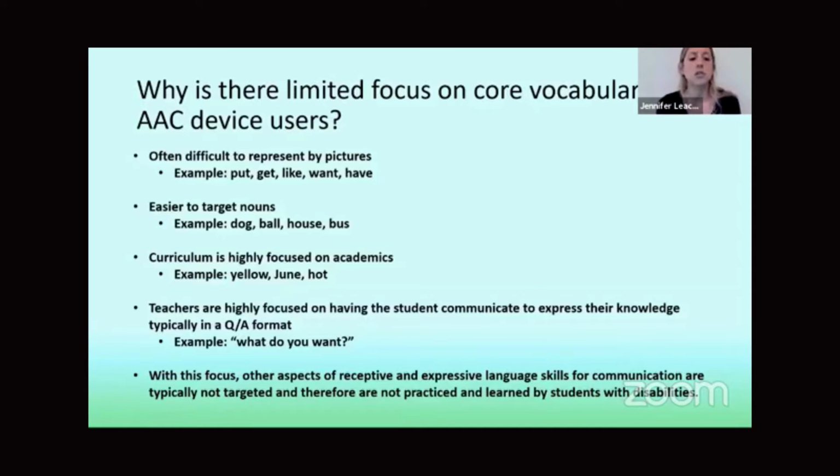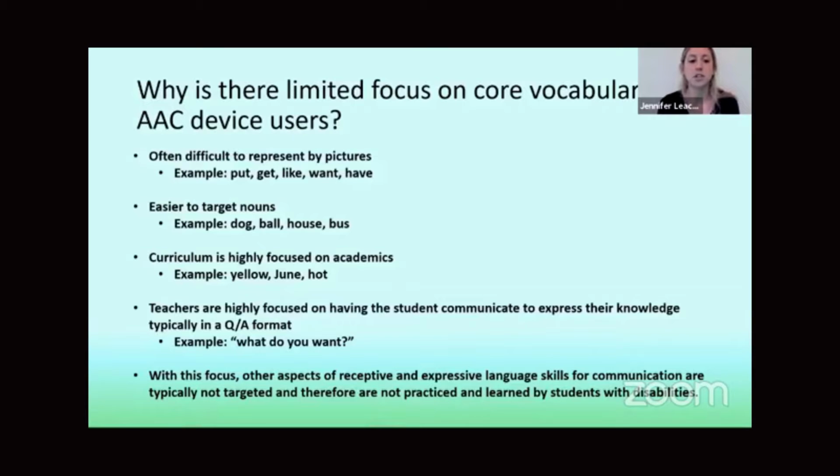Also, curriculum is highly focused on academics. In school, when we're in preschool, we're learning about the days of the week, the colors, the temperature outside, the months of the year. So there's a higher focus on those concepts. Teachers are also highly focused on having the student communicate to express their knowledge in a question answer format.